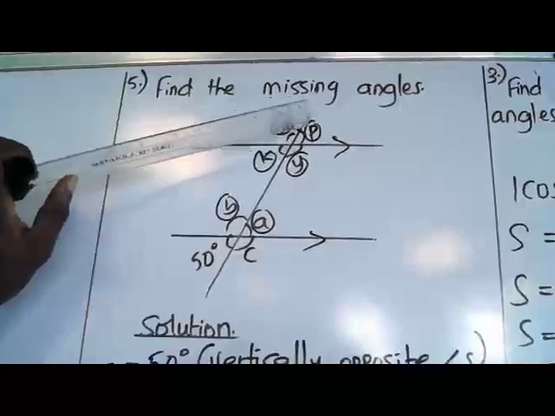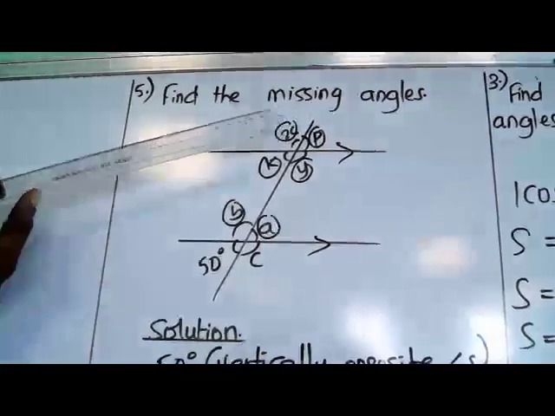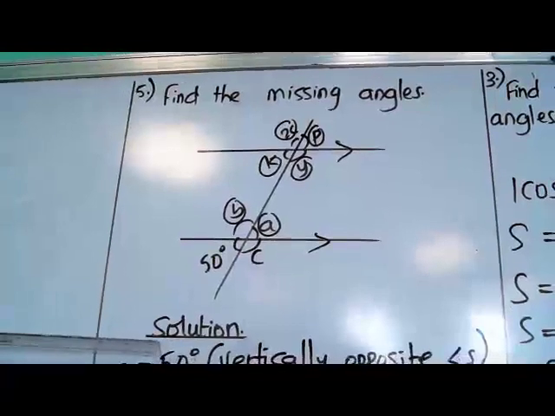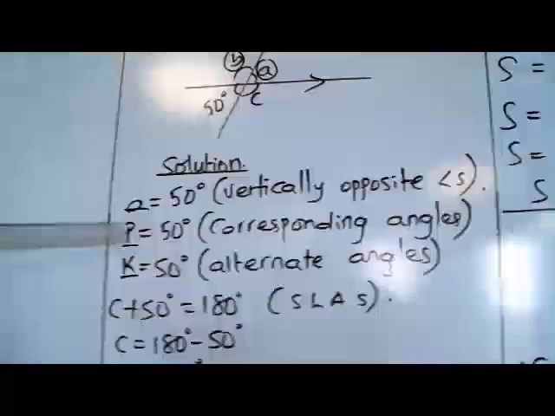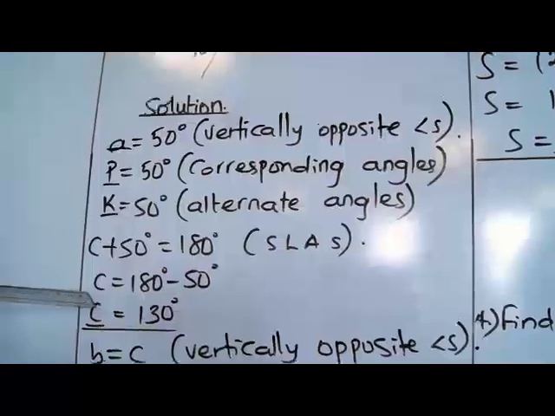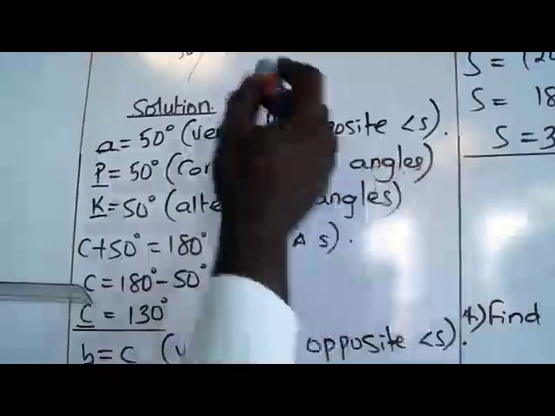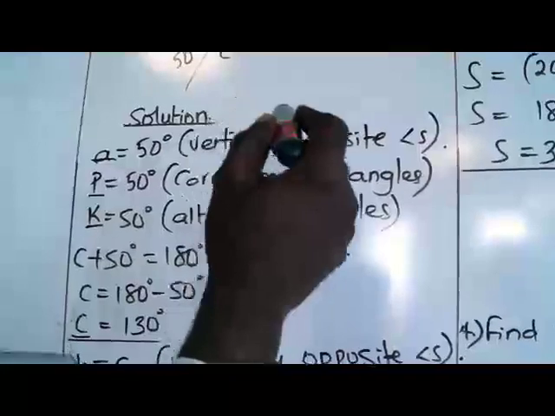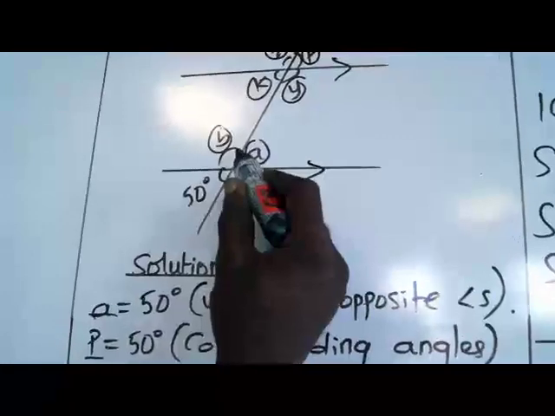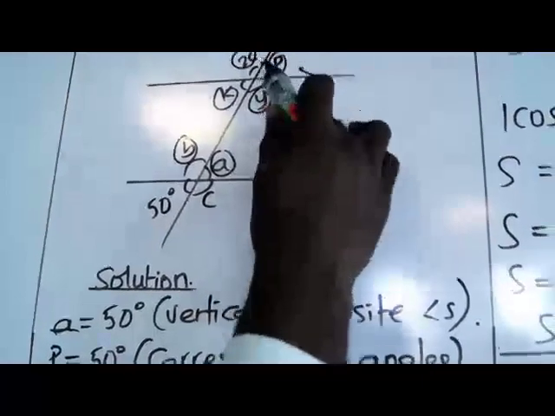So what about P? Have you found P anywhere? Yes. What about A? A is gotten. P is gotten. K is gotten. So what else again? C is there. What about D? So we've gotten B. What about X? Is X gotten?